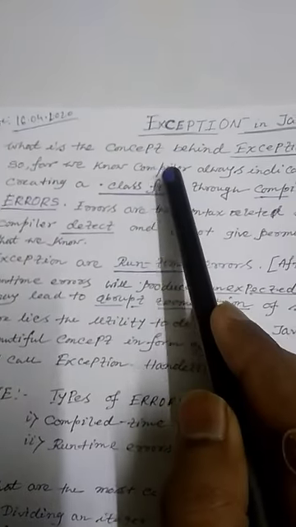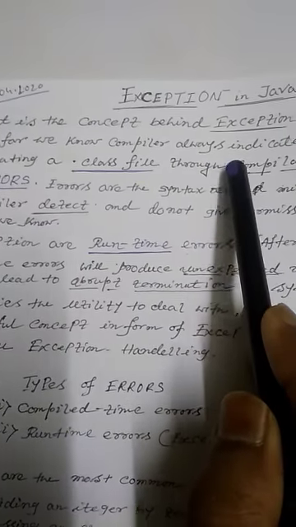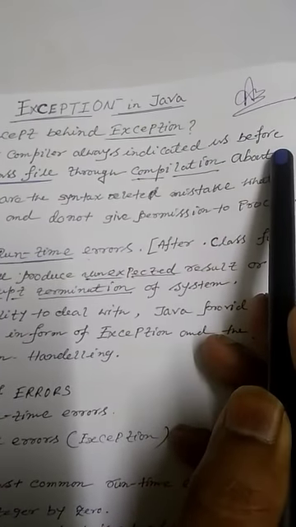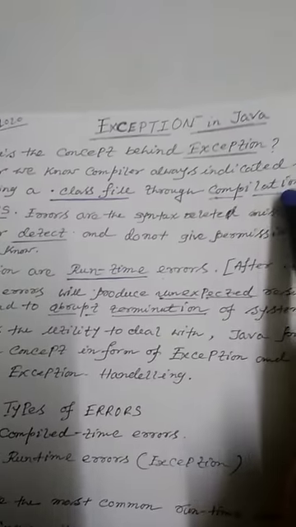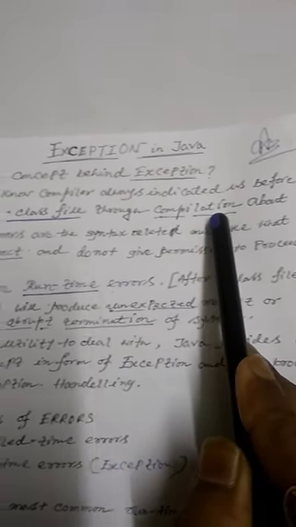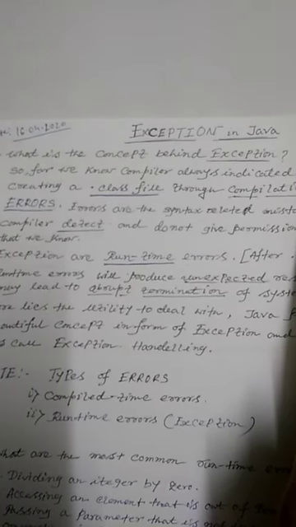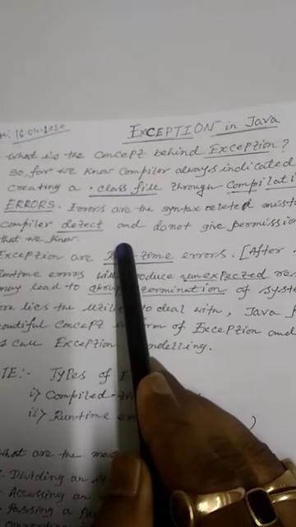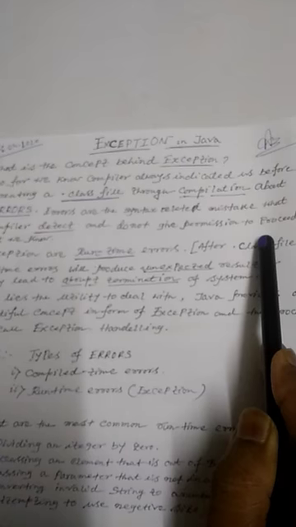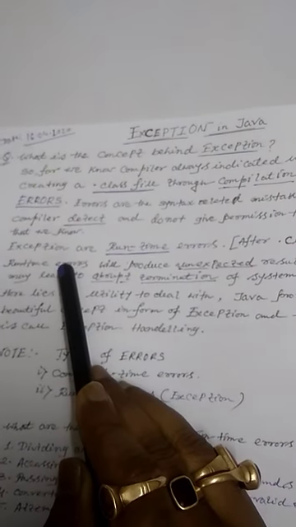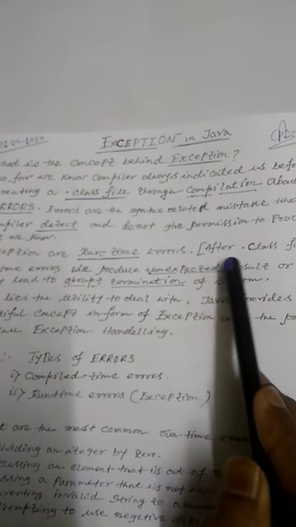What is the concept behind exceptions? So far we know the compiler always indicates errors before creating a .class file, during compilation. Errors are syntax-related mistakes which the compiler detects and does not give permission to proceed further. Exceptions are runtime errors that occur after the .class file.